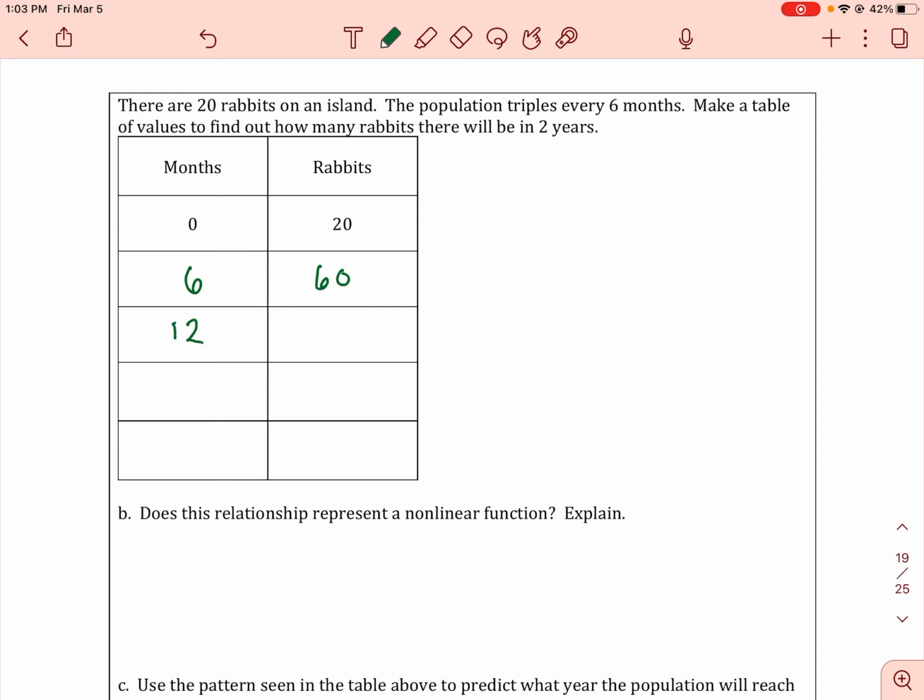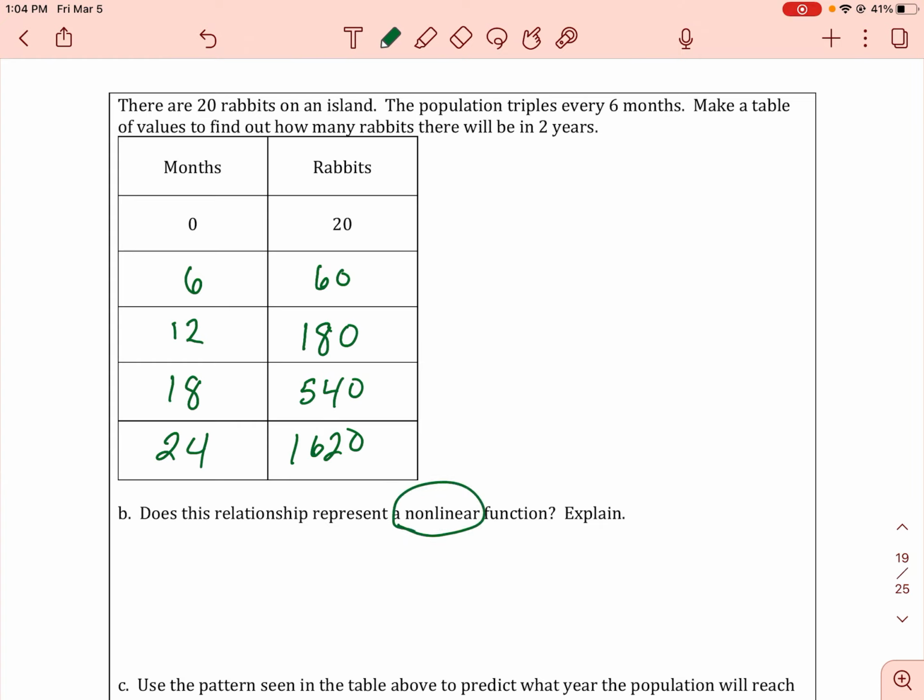In a year, again, the population triples, which means there'll be 180 rabbits after a year. And then a year and a half, 18 months, there will be 540 rabbits. And then in 2 years, 24 months, 1,620 rabbits.